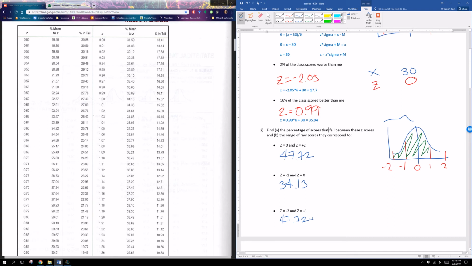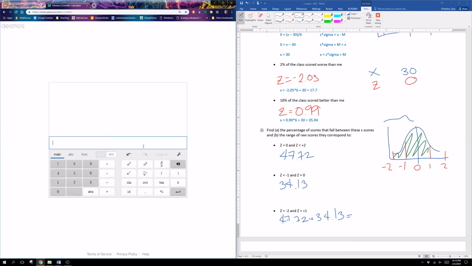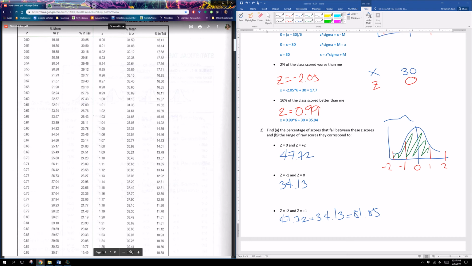And then the distance between 0 and 1 is the same as the difference between 0 and -1, again because this is symmetrical. So we've got 34.13. Okay, 47.72 plus 34.13 gives us 81.85.